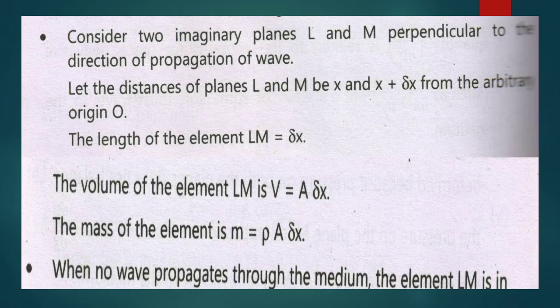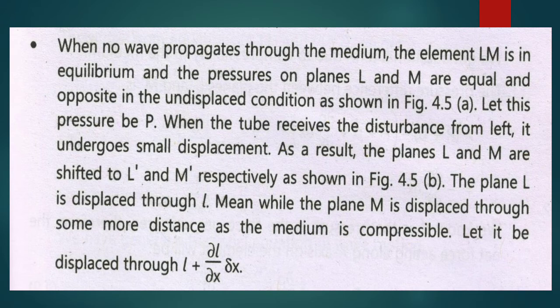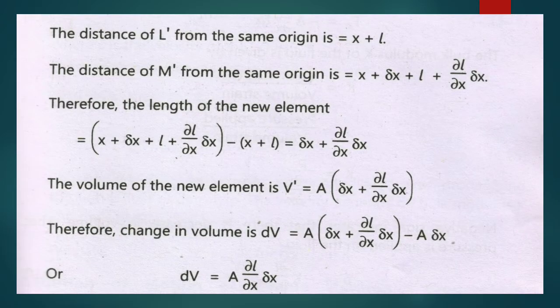Therefore, the new element has the length x plus delta x plus l plus ∂l/∂x into delta x minus (x plus l), which is equal to delta x plus ∂l/∂x into delta x. Now the volume of the new element, V dash, is equal to cross-sectional area into new length, that means A into (∂l/∂x into delta x plus delta x).